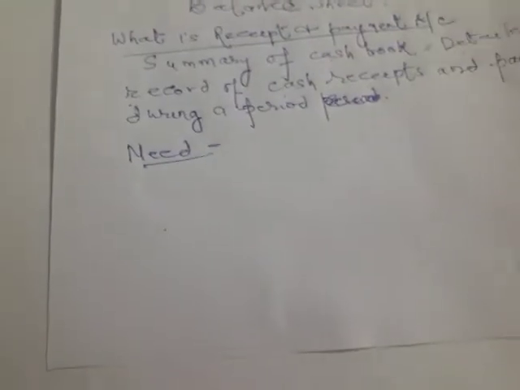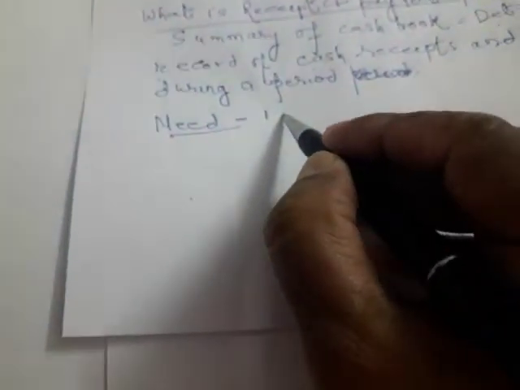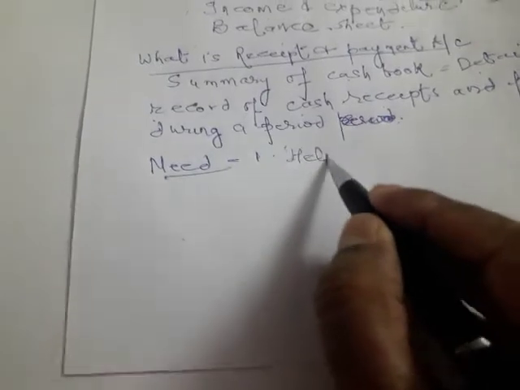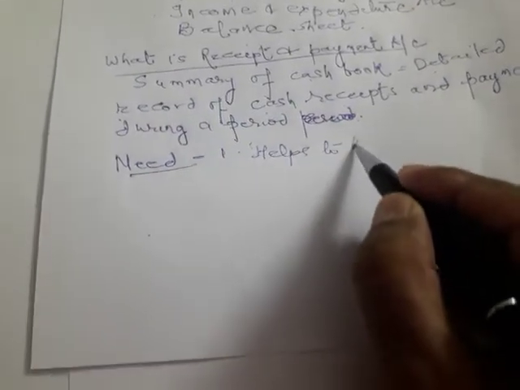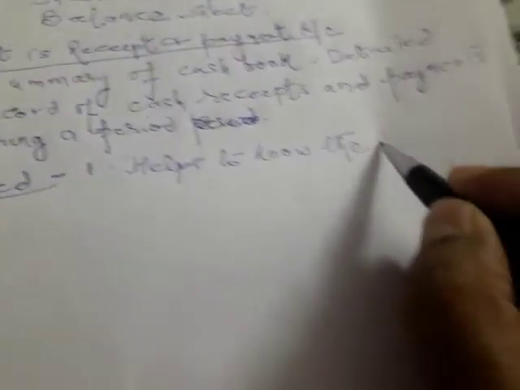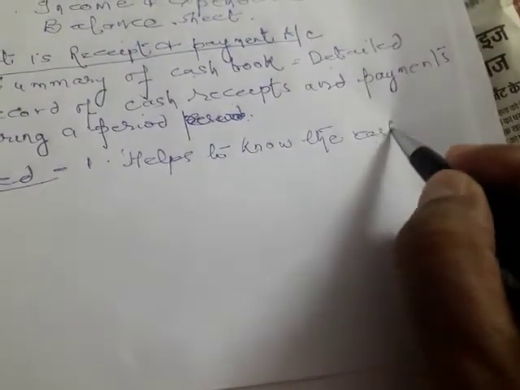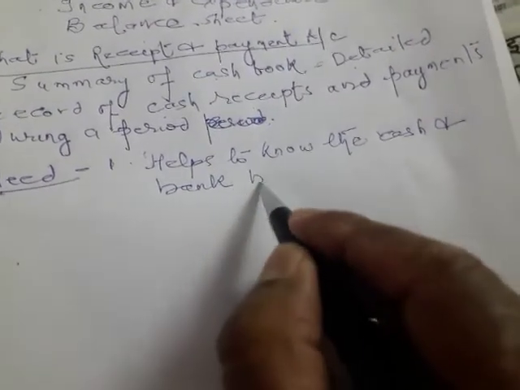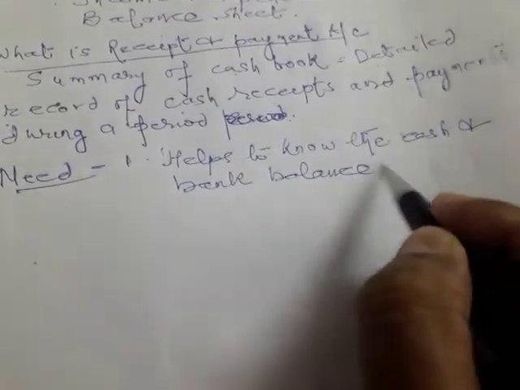Now, what is the need behind preparing the receipts and payment account? Number 1, the receipt and payment account helps to know the cash and bank balance at the end of the year.